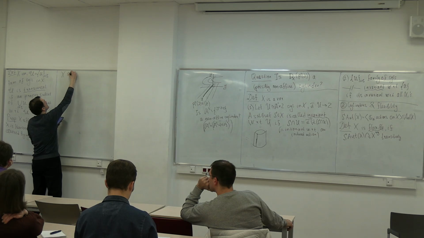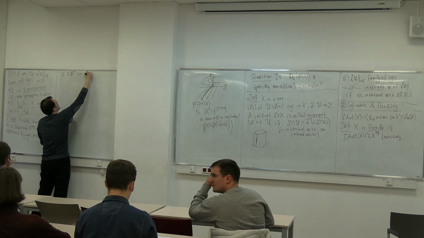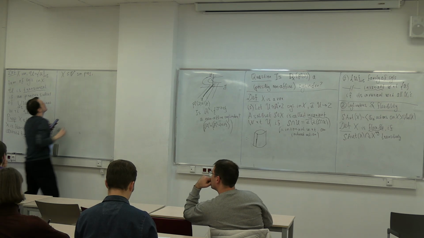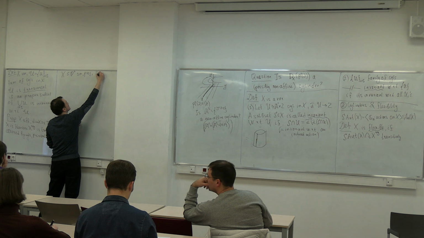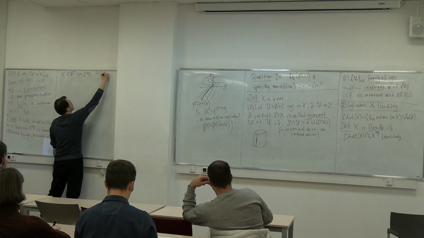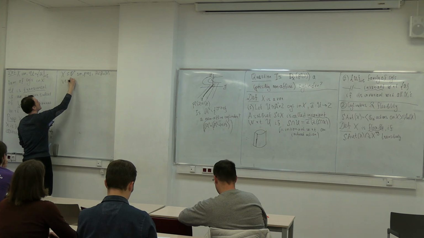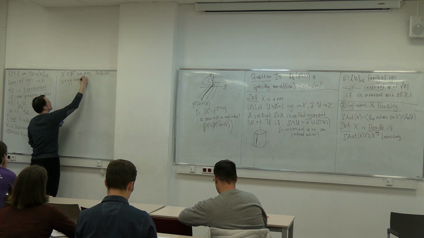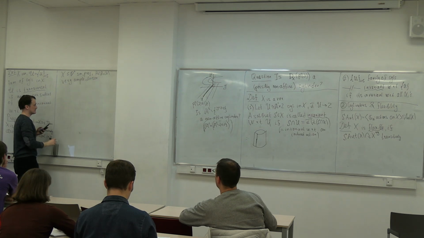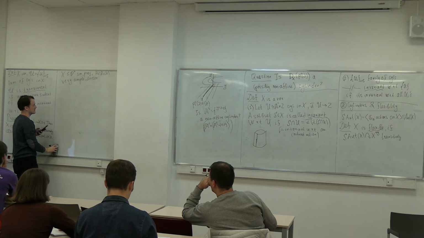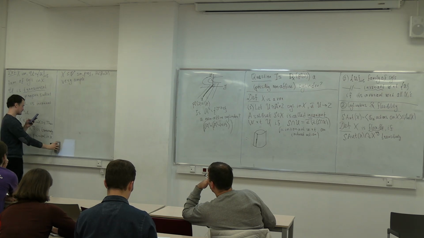X is a smooth projective variety, H is a very ample divisor.